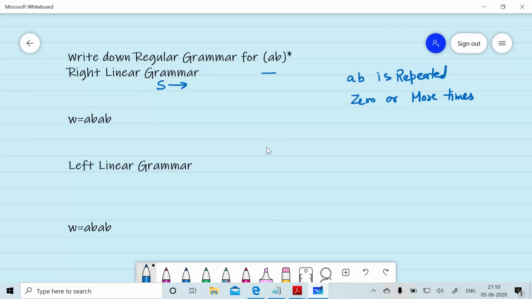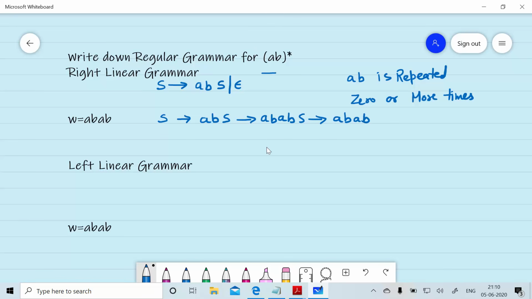So we will write S gives abS or null. Let's try to generate abab. From S, we apply the rule abS. Again, we apply abS. And then S is replaced by null.